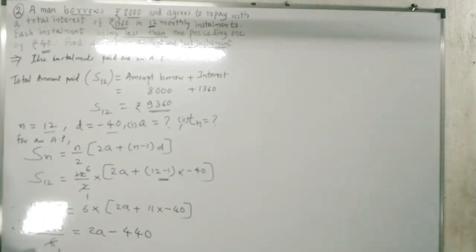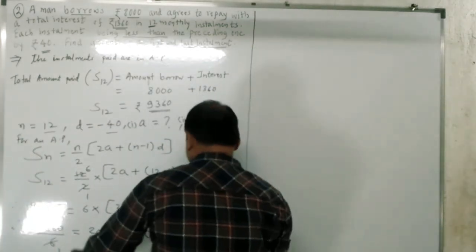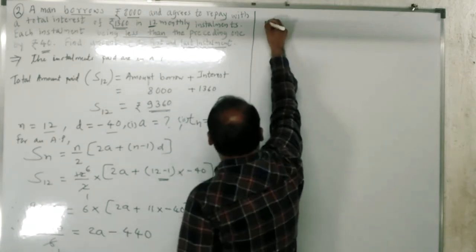Just simplify: 6 ones are 6, 6 ones are 6, 6 fives are 30, carry 3, 6 sixes are 36. So you get 1560.